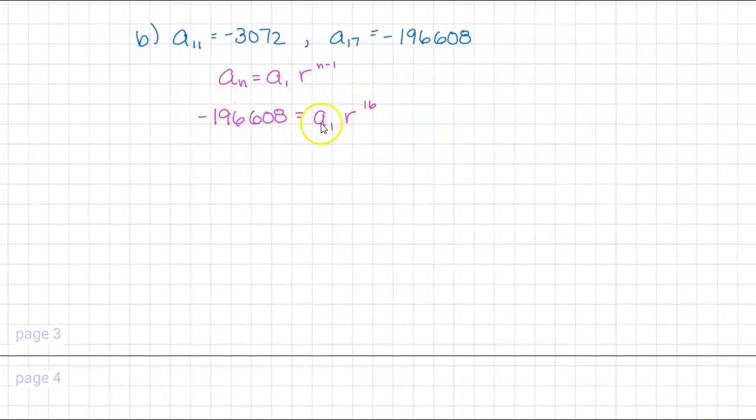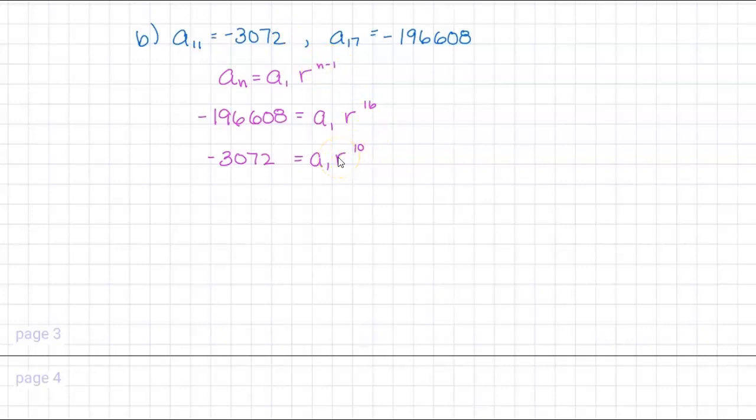There's this equation from this term, and I'm going to do the same thing with this term. I'm going to plug this value in for a sub n, and plug 11 in for n, and write that right below this one. So it's going to be negative 3072 equals a sub 1 times r to the 10th this time, because remember, I'm plugging 11 in for n, and 11 minus 1 is 10.